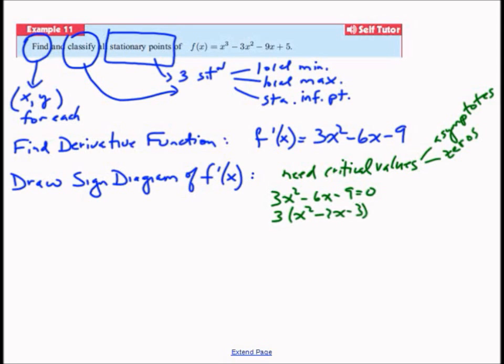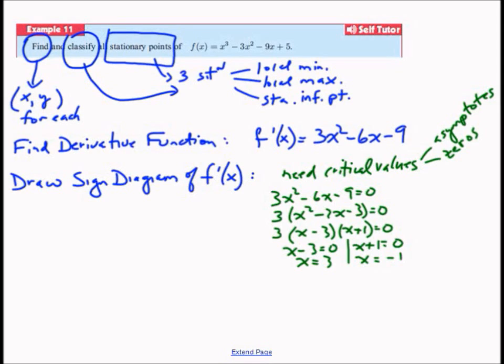Factor out a 3 and factor this thing. So x subtract 3 could be 0 using the null factor, or x plus 1 could be 0. So x is 3 or negative 1. Okay, these are the critical values.